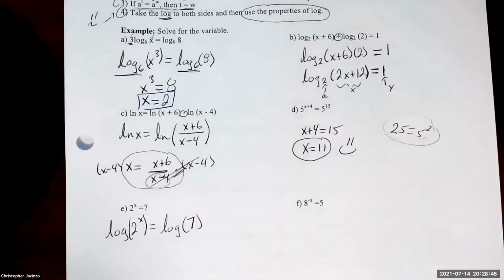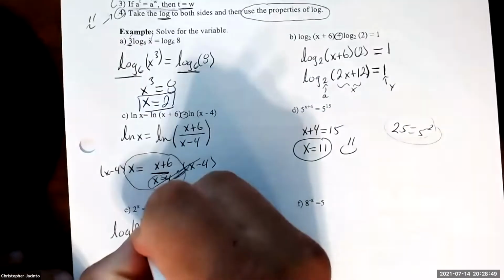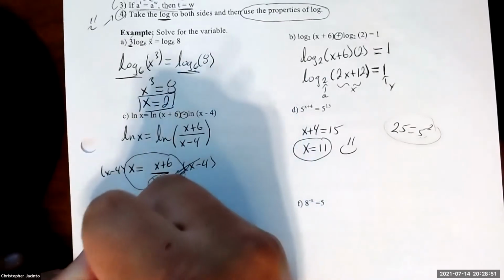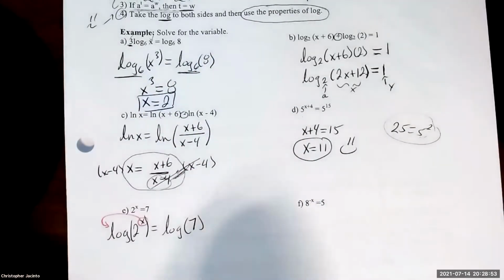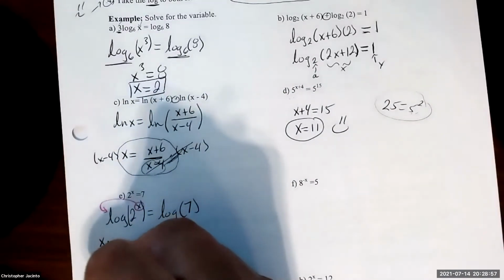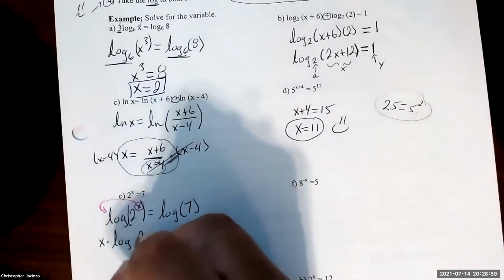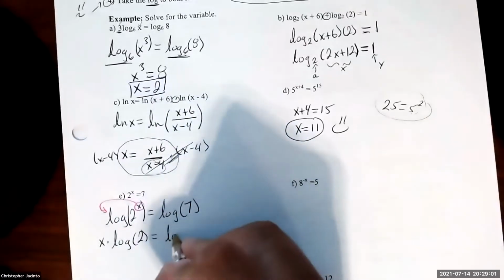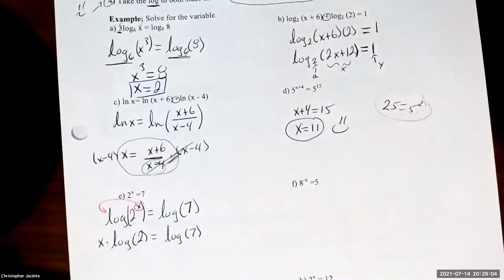So using property 6, we're going to bring this to the front. So now it's going to be x times log 2 equals log 7.